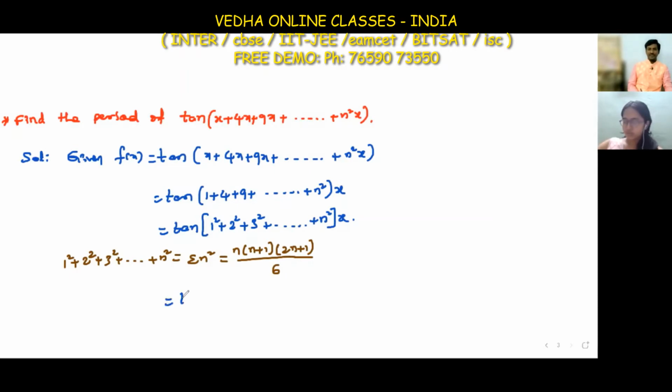So I am applying the formula here: tan of [n into (n plus 1) into (2n plus 1) divided by 6] into x.